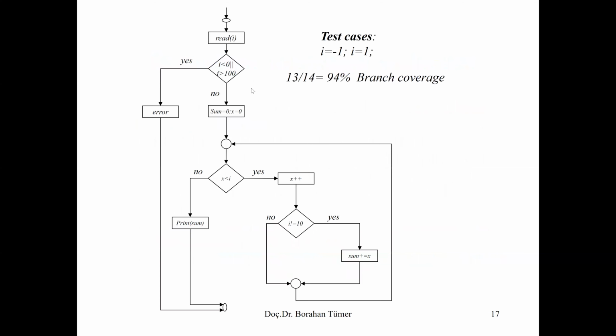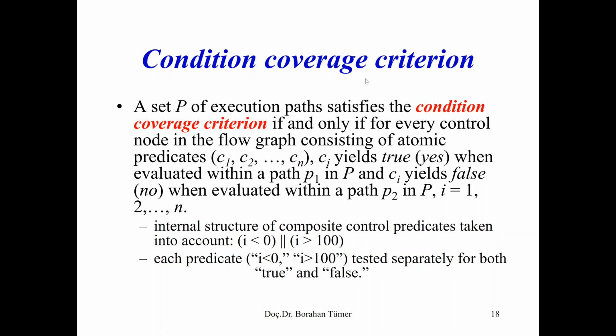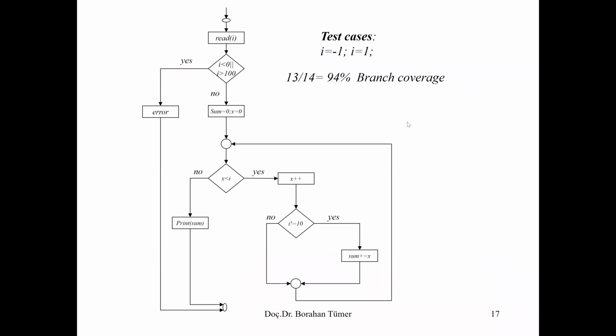Before going into the condition coverage criterion, let me ask you: do you actually understand what's going on in statement coverage and branch coverage? And do you further understand that branch coverage is a stronger coverage criterion? I would like an answer from each of you. If you don't understand, please let me know so that I can explain.